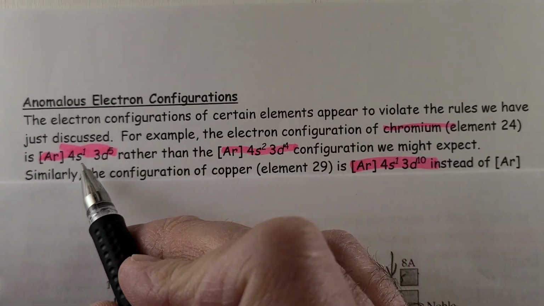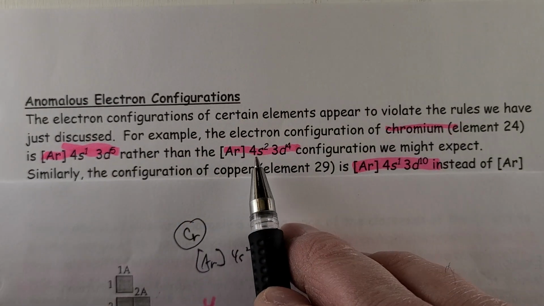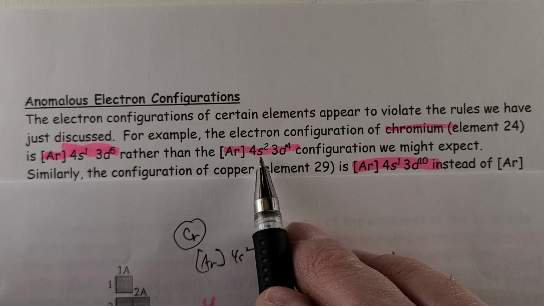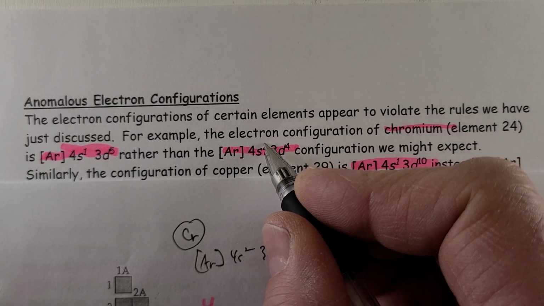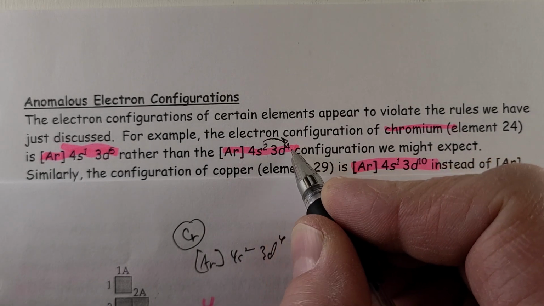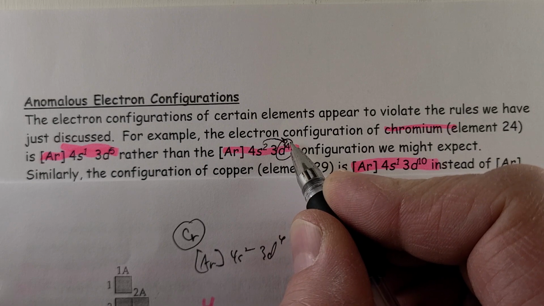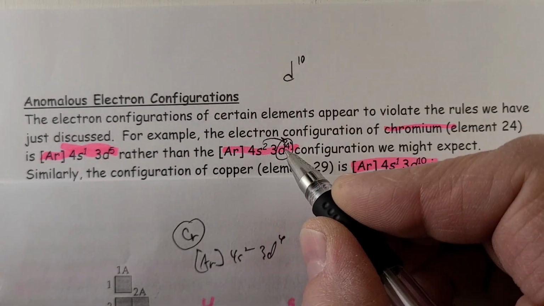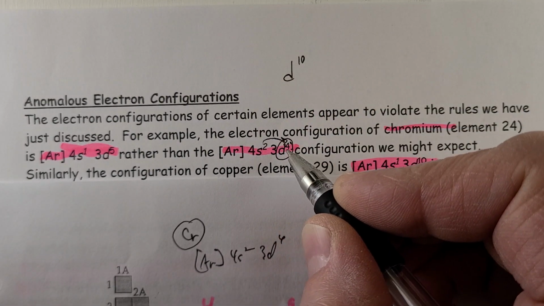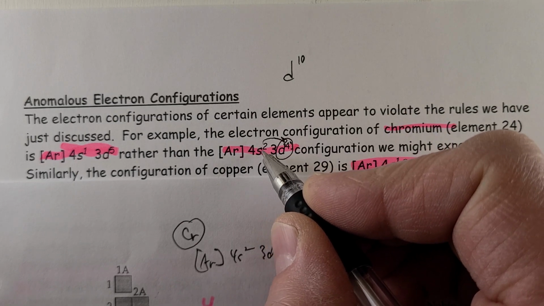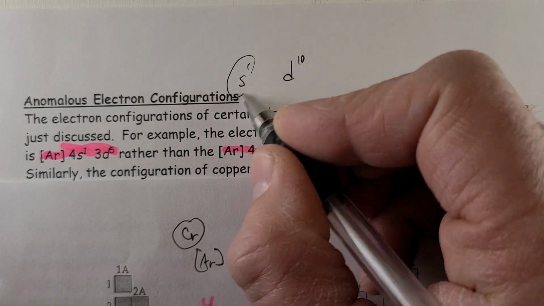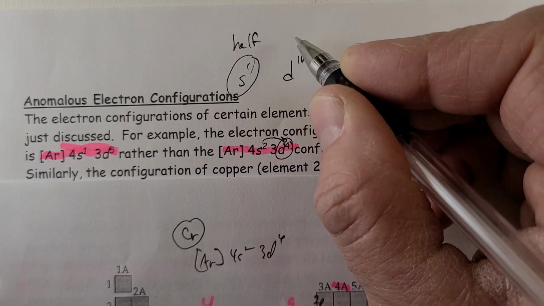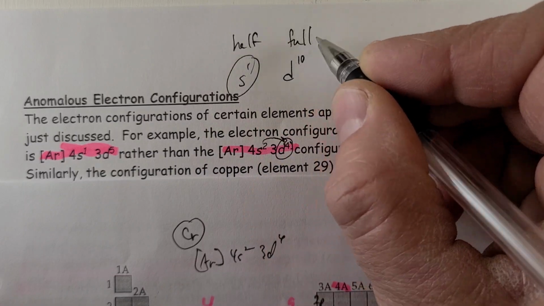If you take a look, the chromium was supposed to be 4s2, 3d4, but if we take one of these electrons and move it to here, then we have a d5, because remember, d can hold up to 10, so if I have d5, it's half full. And my 4s2 becomes an s1, which is half filled.